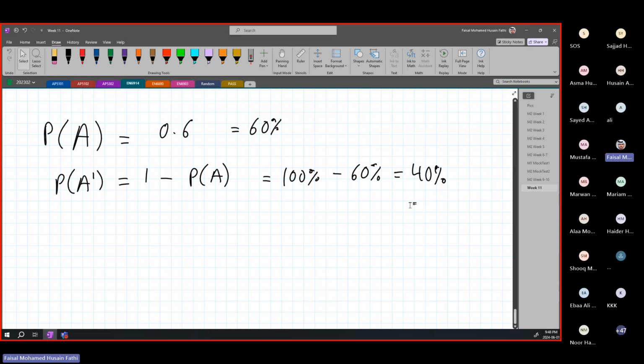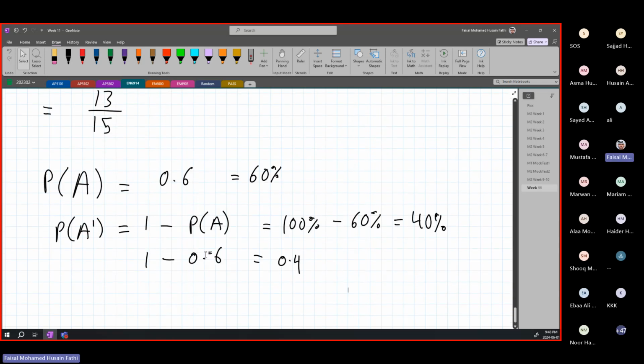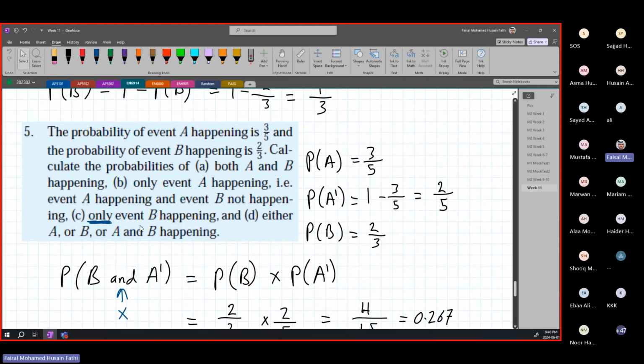So if I have a 60% chance of winning, I have a 40% chance of losing. This is what is meant by not. So 1 minus P of A, 1 minus 0.6, which is equal to 0.4 or 40%. And this is for the P of A naught. In this question, the reason I was using A naught is because they were mentioning only an event happening.